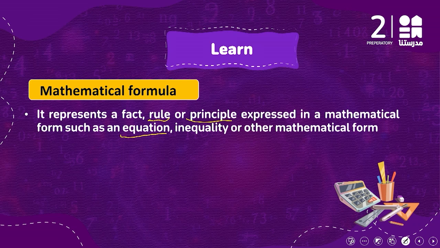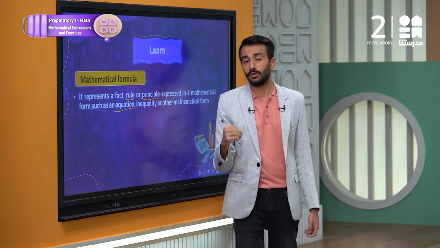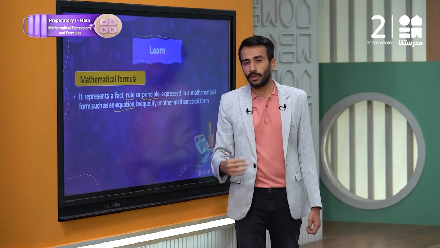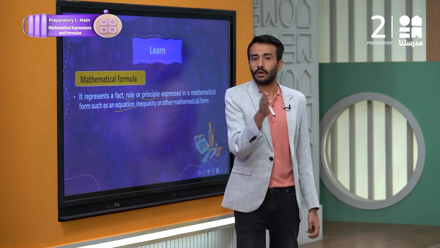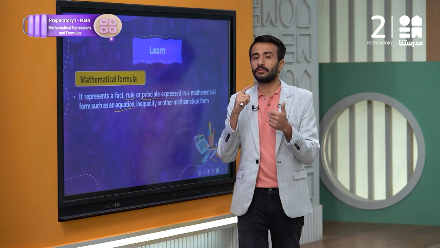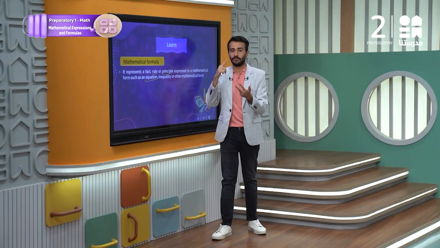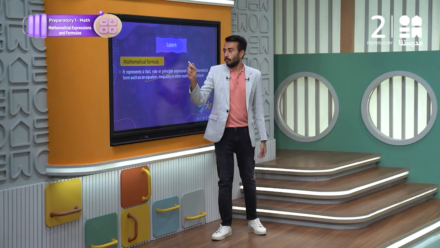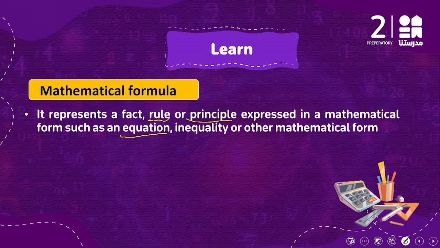So one type of the equations is a formula. But as we use formulas a lot, we can express it as another type of mathematical statement. So we have numerical expression, algebraic expression, equation, inequality, and formula. We can use a formula in an equation or in an inequality or other mathematical form.